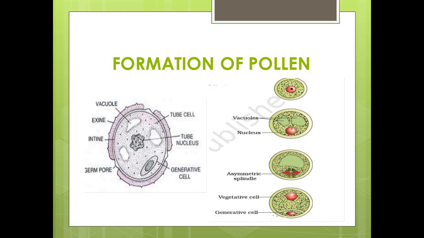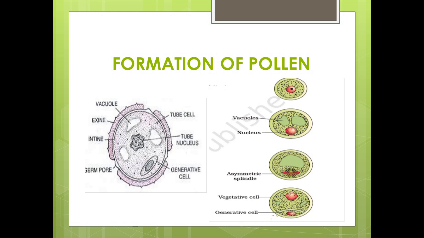In 60% of plants, pollen grains are shed at the two-celled stage, while in 40% they are shed at the three-celled stage. In the three-celled stage, the generative cell divides mitotically to give rise to two male gametes. Once shed, pollen grains have to land on the stigma before they lose their viability.